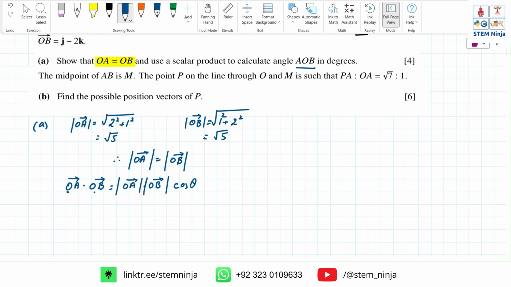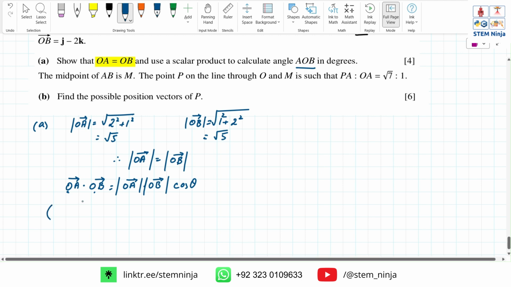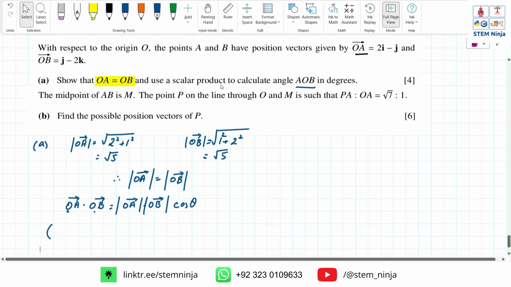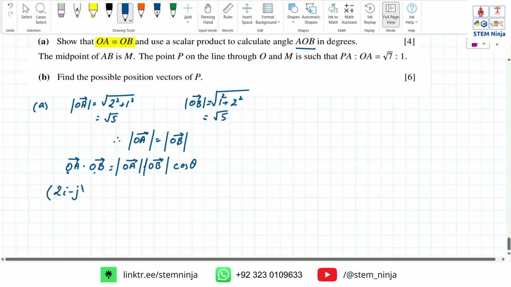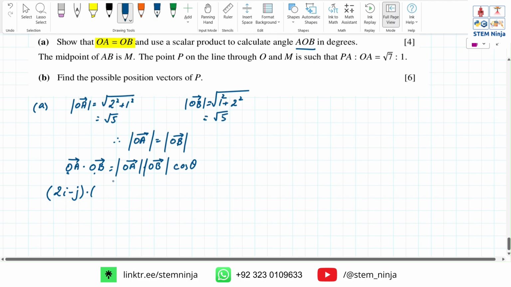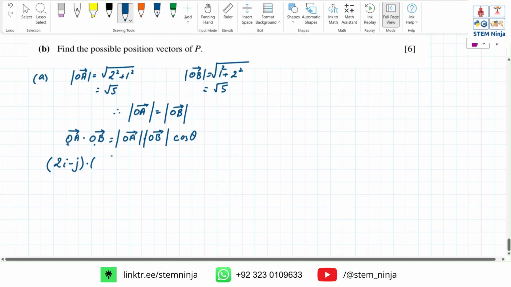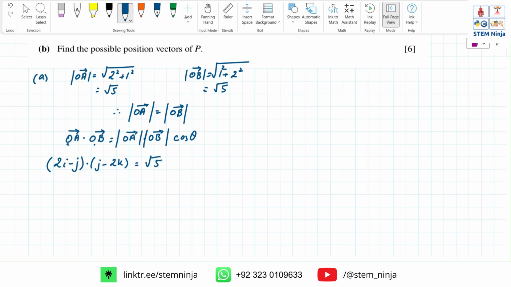So OA dot OB, we have 2i minus j dot j minus 2k equals square root 5 times square root 5 times cos theta.